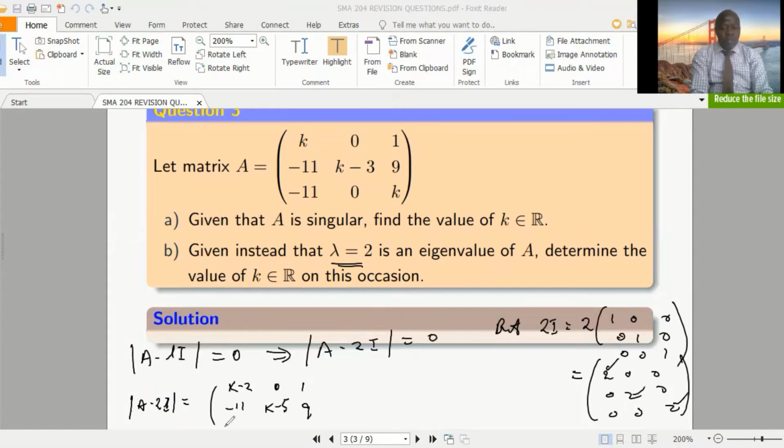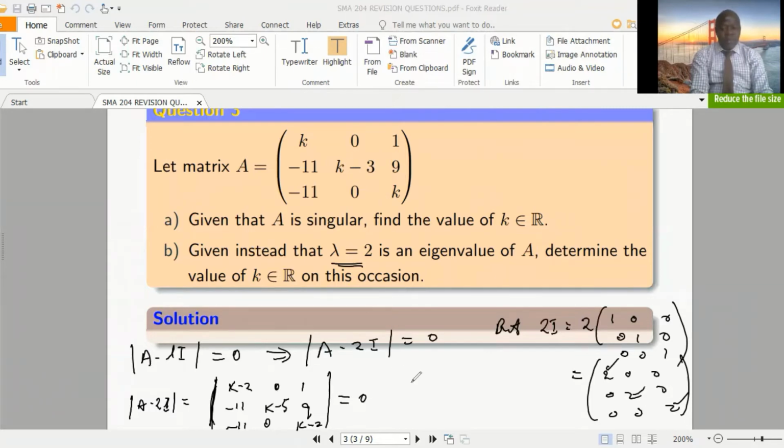And this other one will be negative 11. And what about this? It will be 0, then K minus 2. Find this determinant and equate to 0. And you notice that again we have zeros along the second column, so that again makes our work very easy.